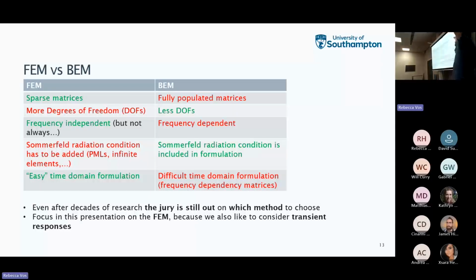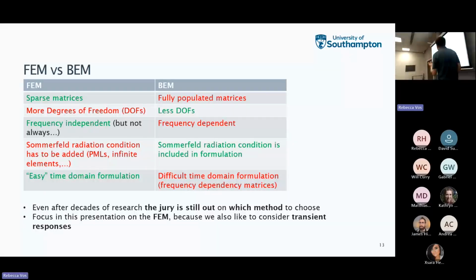The sound will just continue to propagate until it's basically dissipated in the air. This is what we try to model with the Sommerfeld radiation condition here. So for the finite element method, we need to use some numerical tools to simulate that. And I'll show you in a bit how we're going to do that.